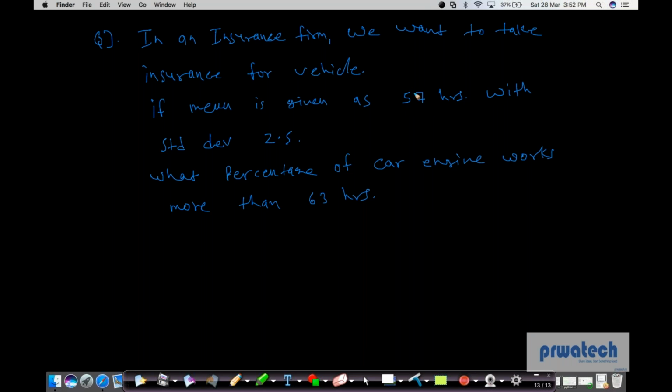So the average engine life we know is 57 hours with a standard deviation of 2.5, and if you're going to take insurance for the vehicle, what is the total percentage of cars that work more than 63 hours? You just need to tell me the percentage of cars.